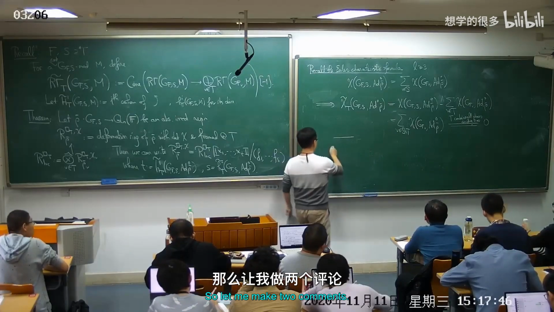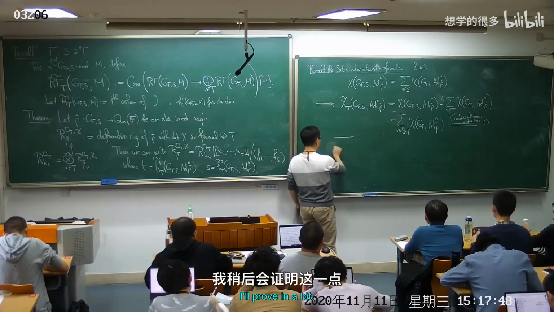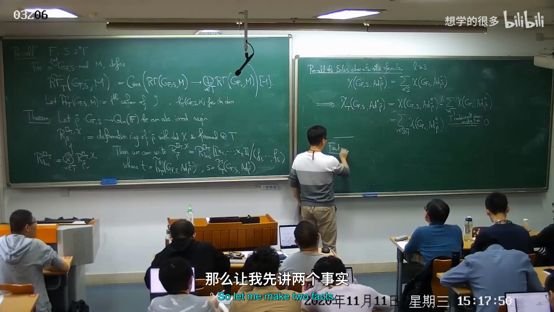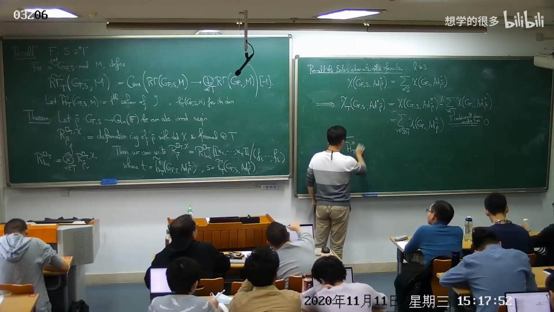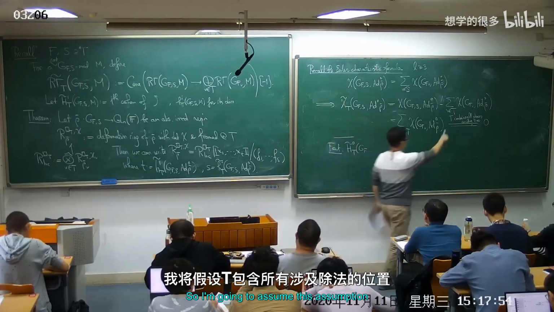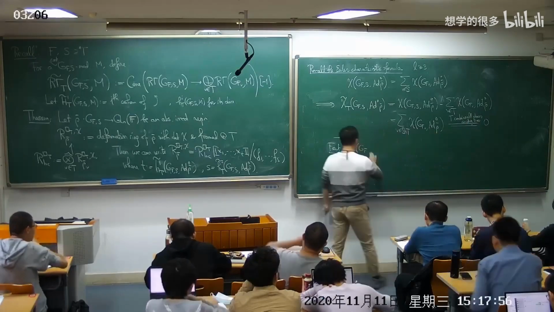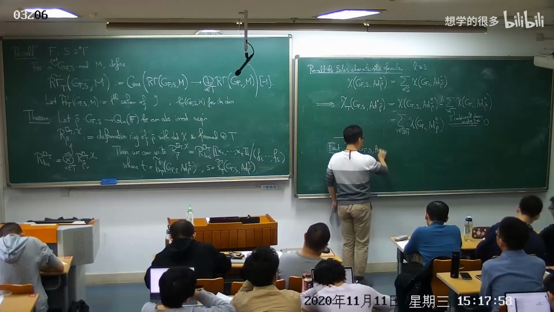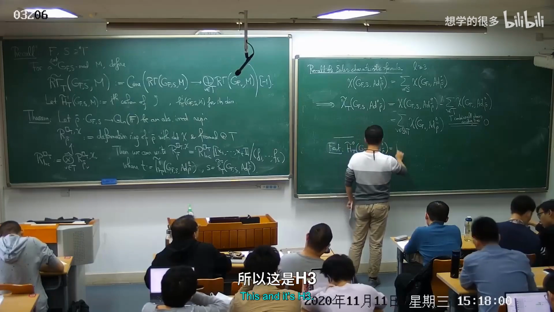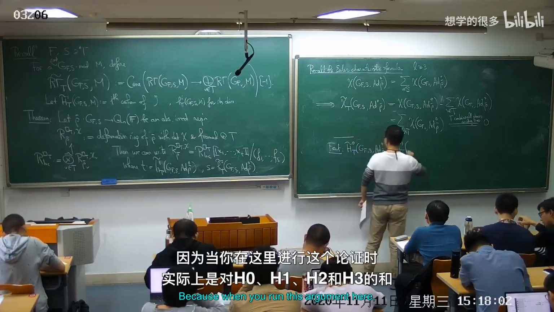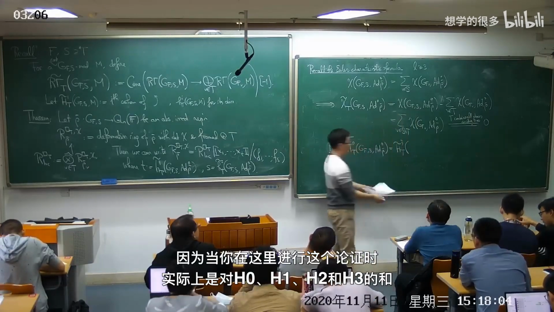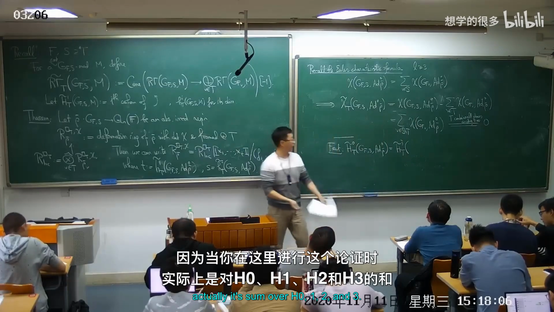This will be the situation we're going to use in application. Let me make two comments, which I'll prove in a bit. I'm going to assume that T contains all the places dividing L. Then H^0 and H^3 are 0, because when you run this argument, you actually sum over H^0, 1, 2, and 3.